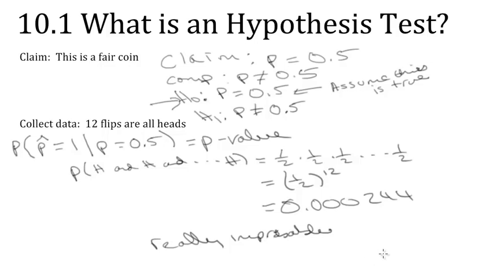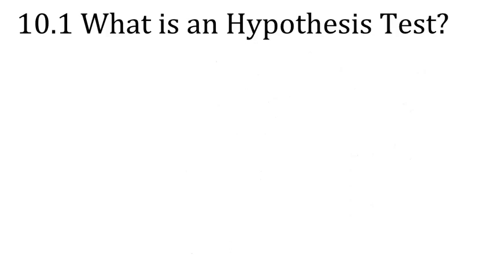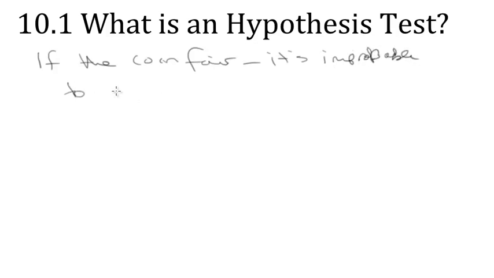Okay, let me clear the screen here and I'm going to come up with a conclusion. So here's our conclusion. What we have concluded is if the coin is fair, it's improbable to get the results we got, the data that we collected.